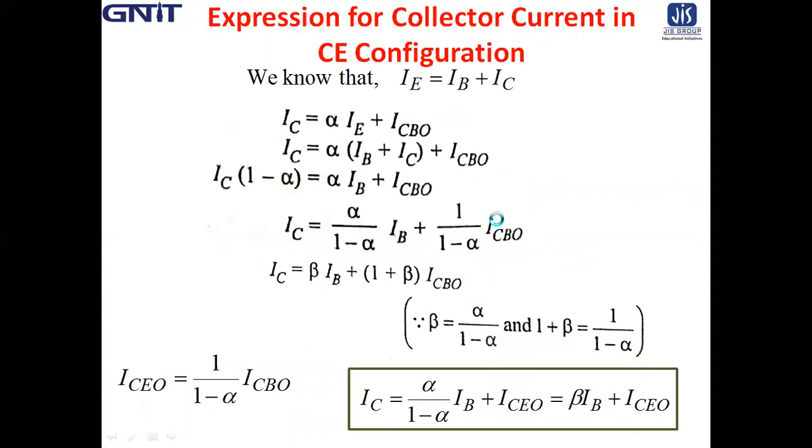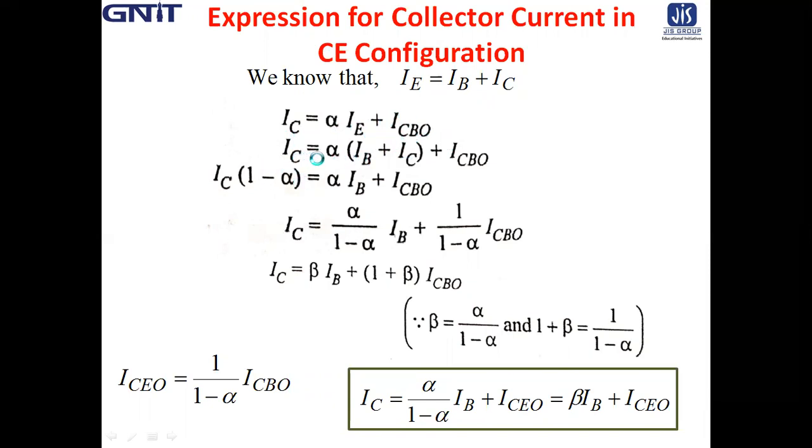Next is the expression of the collector current in CE configuration. We know that IE equal to IB plus IC. And the collector current is due to the majority plus minority carriers. So IC is equal to alpha IE plus ICBO.